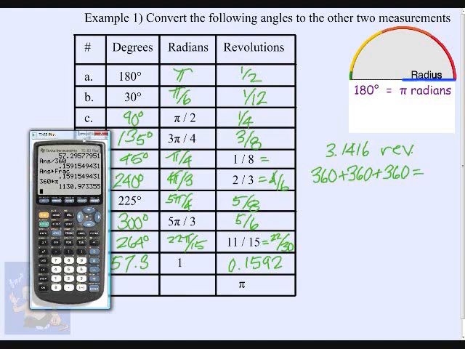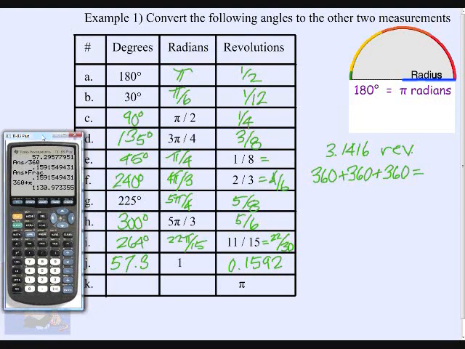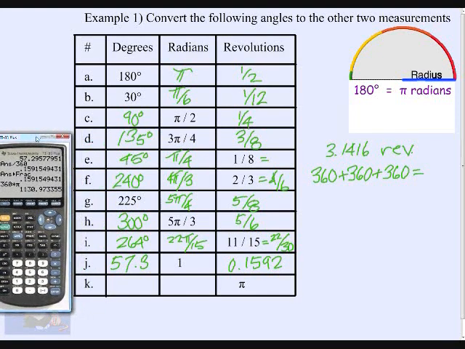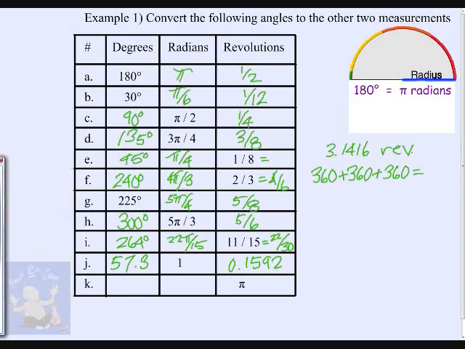Yikes. That's a lot of degrees. Let's round to the nearest degree. 1131 degrees. What's the matter with me? I didn't put degrees on here. That's sloppy. I wouldn't accept that from you.